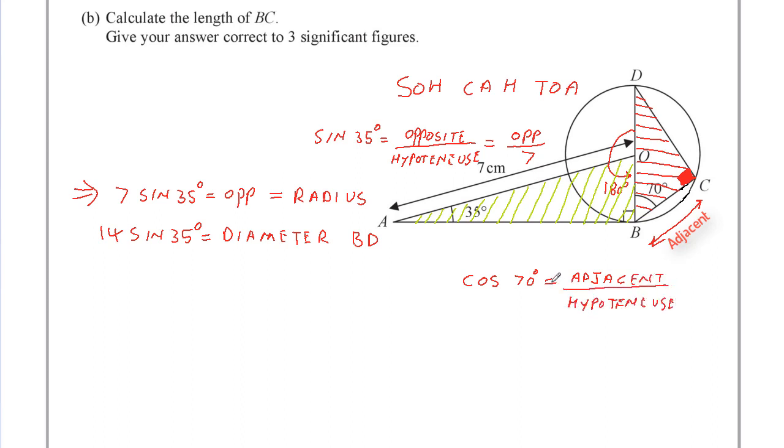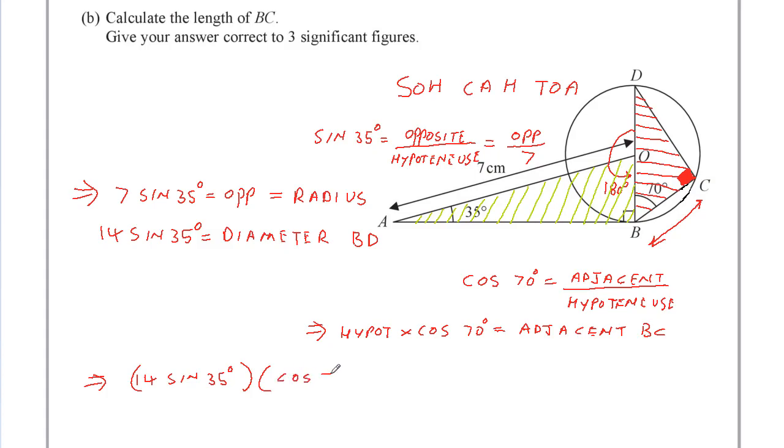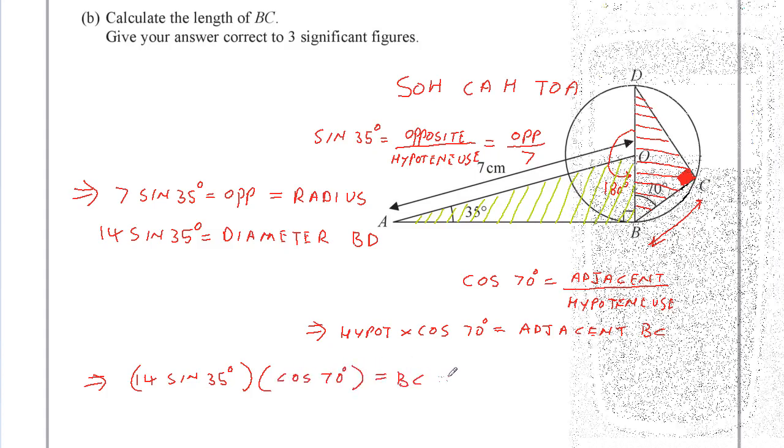And taking the hypotenuse to the other side gives hypotenuse times the cosine of 70 degrees equals BC. But the hypotenuse is the diameter, which we have a formula for here. So putting it all together gives us 14 times sine 35 degrees times the cosine of 70 degrees equals BC.